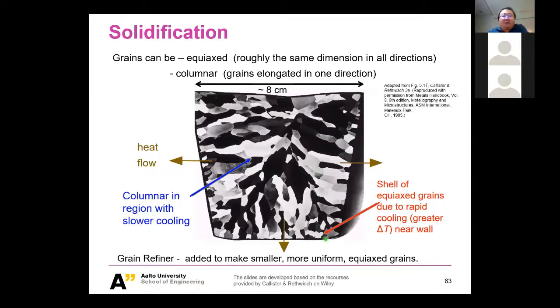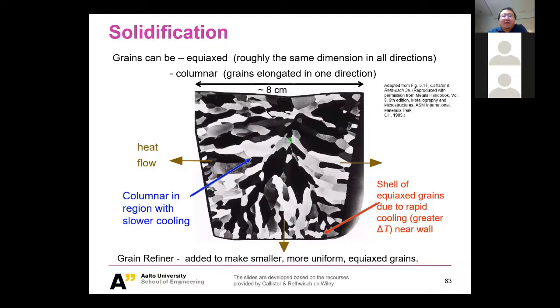So you could observe, at the corners or close to the walls, rather small grains, if you just notice them. So rather small and even quite equiaxed grains. And if you look at the center, you have rather large columnar grains in the center.